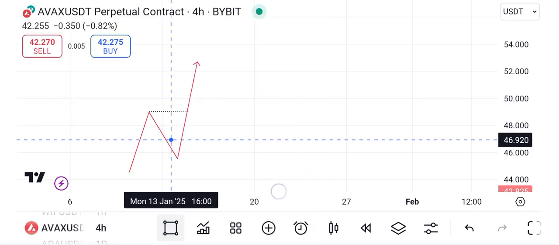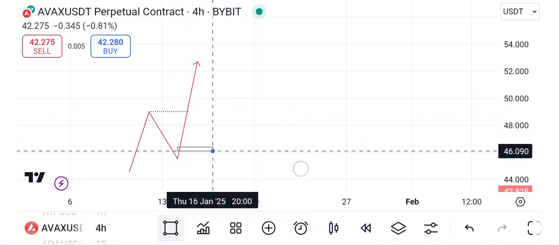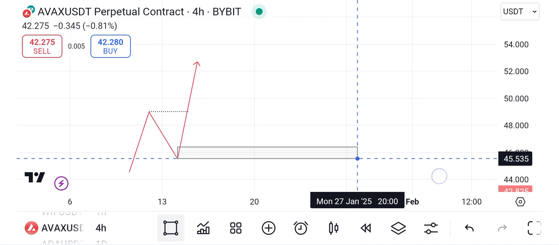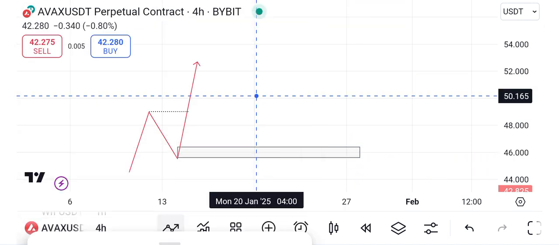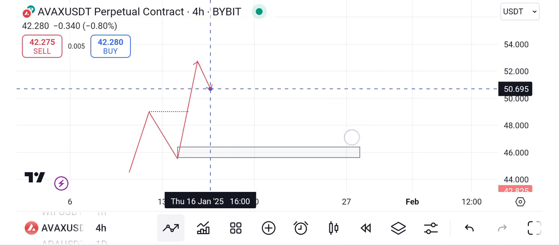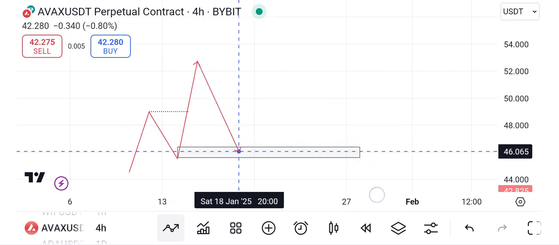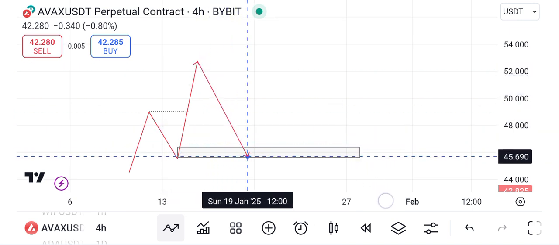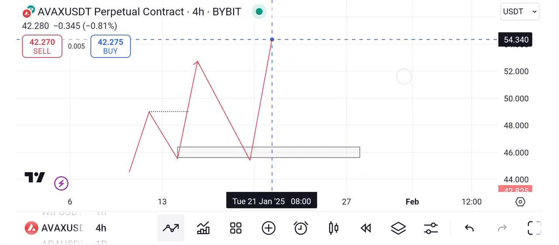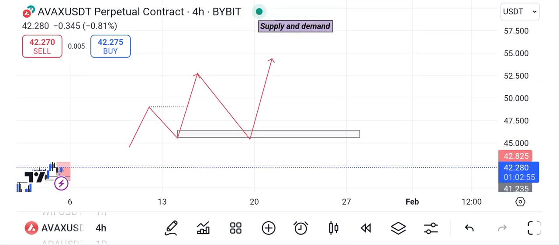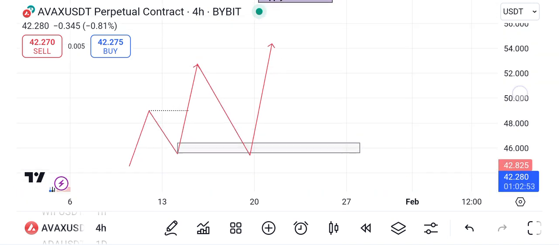The last candlestick before we had that big expansion is our demand zone. And ideally, we don't expect the market to go below our demand zone. So we expect the market to come to our demand zone, respect it, and slide up from there.